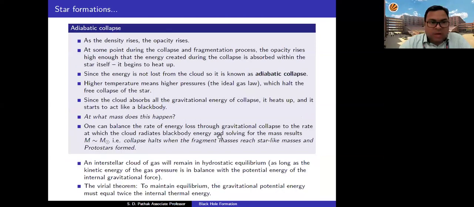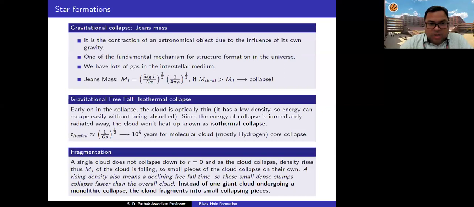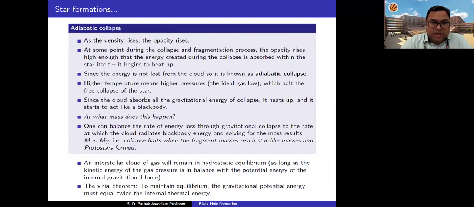Next is the adiabatic collapse. I just mentioned the isothermal collapse and the adiabatic collapse. In adiabatic collapse, when the fragmentation occurs, the opacity changes, right? And the density rises. Due to the high density, the heat generated in the process of gravitational collapse does not easily pass out of the gravitational core.